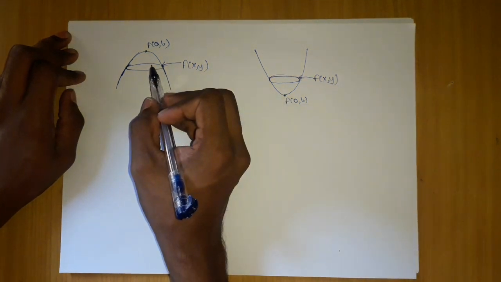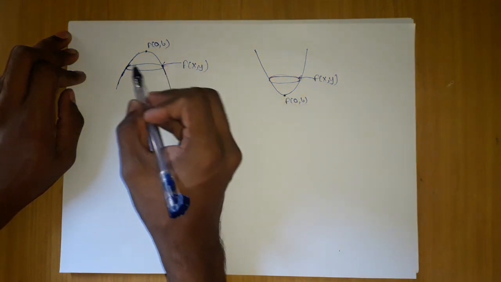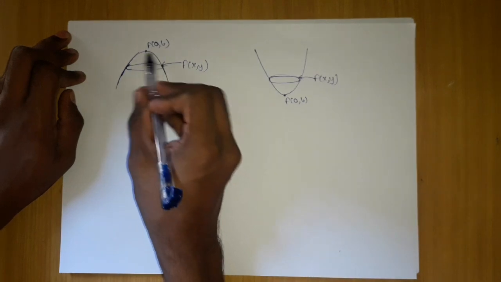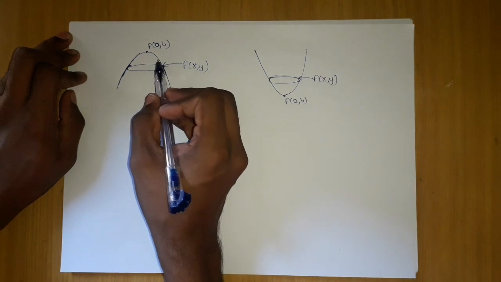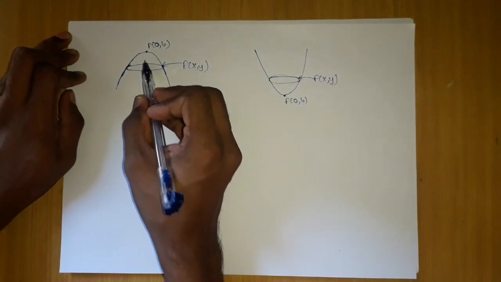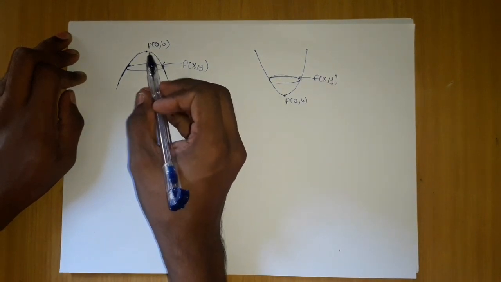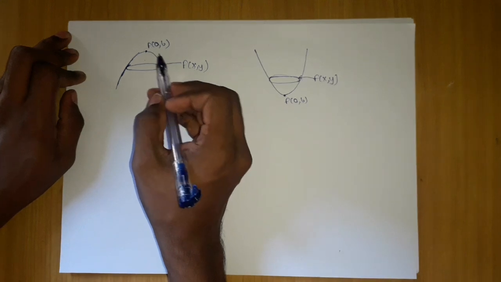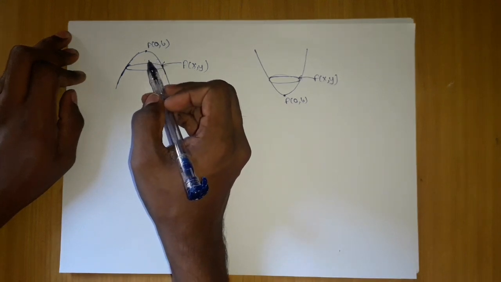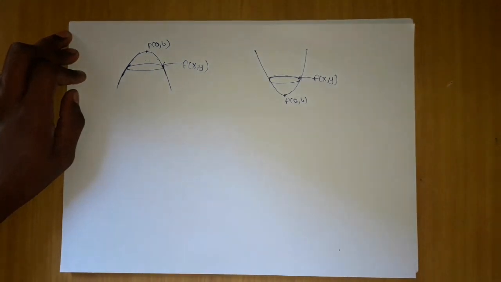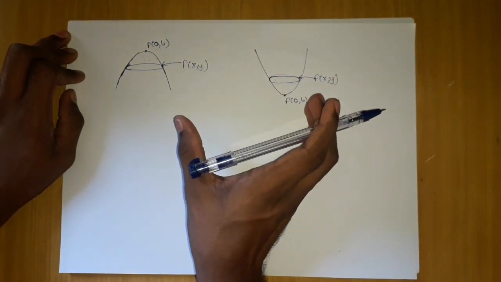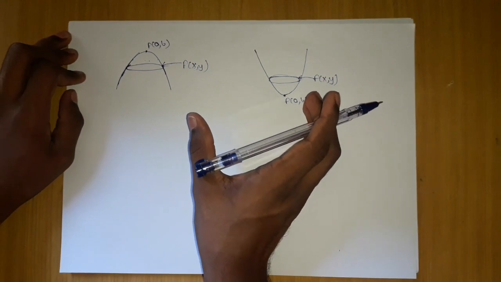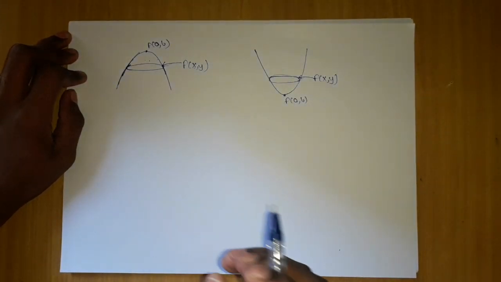And vice versa, if I take this part of the function, all the interior points of x comma y will always be less than f of a comma b, which in this case is the maxima, the peak of the parabola.